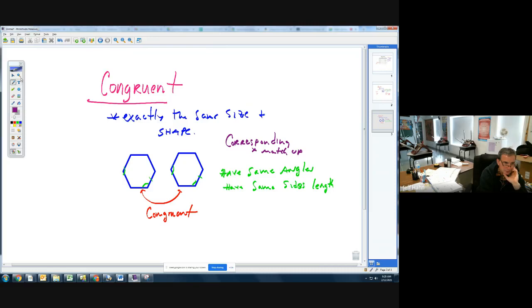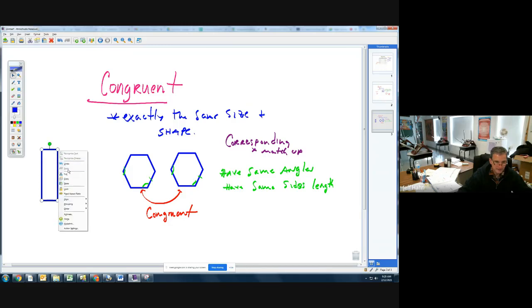If you had two rectangles, if you have a rectangle that looks like this, and another congruent rectangle, and even if it was, let's say it was spun just a little bit there.